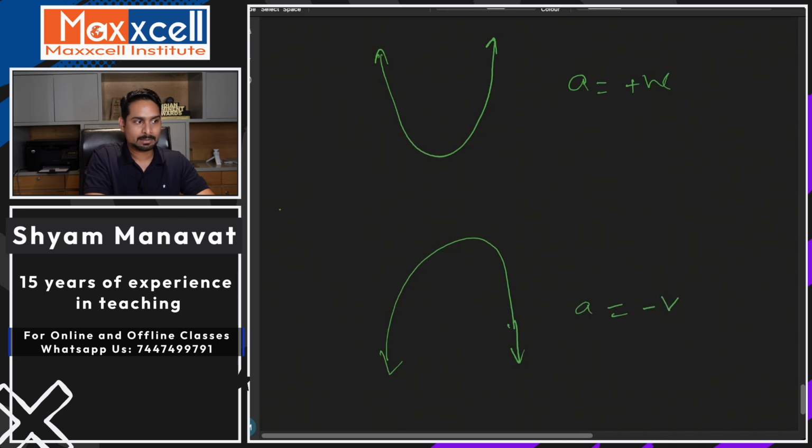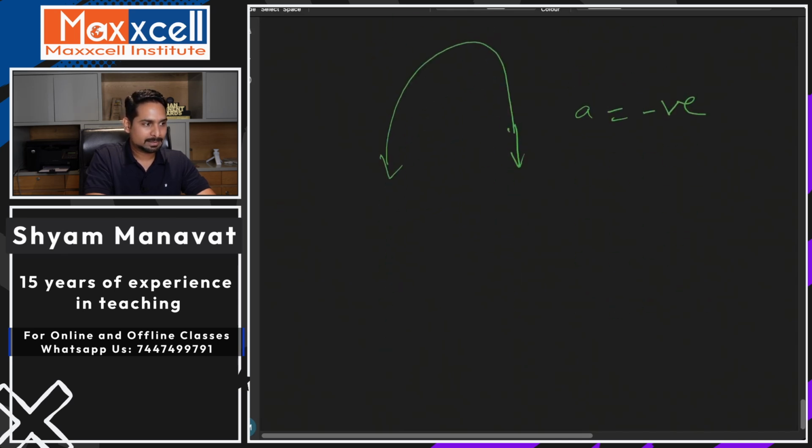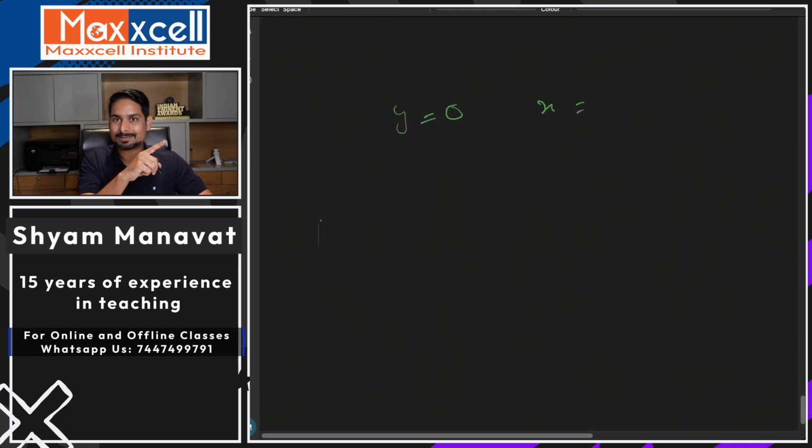Now tell me one thing. I told you to find the vertex, and when you substitute y equal to 0, you get some x values, correct? So these equations were easy. Now think about an equation where you have imaginary values. You may be asked to plot the graph for x square plus x plus 1.